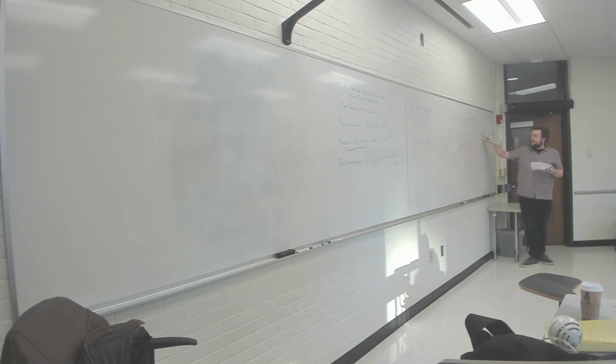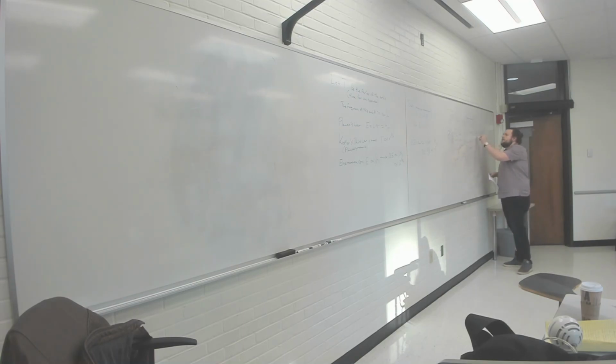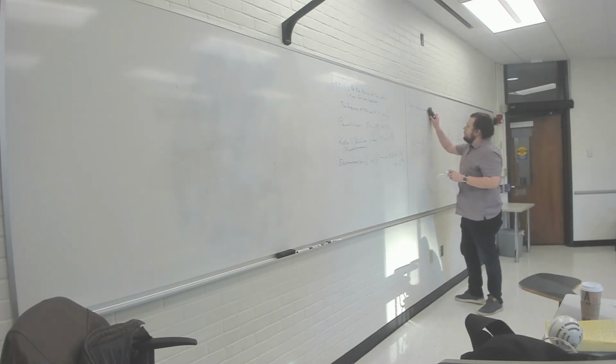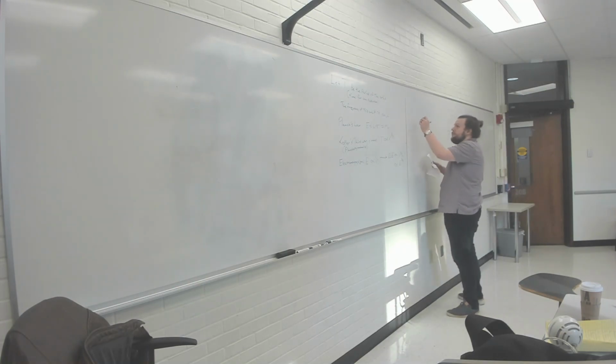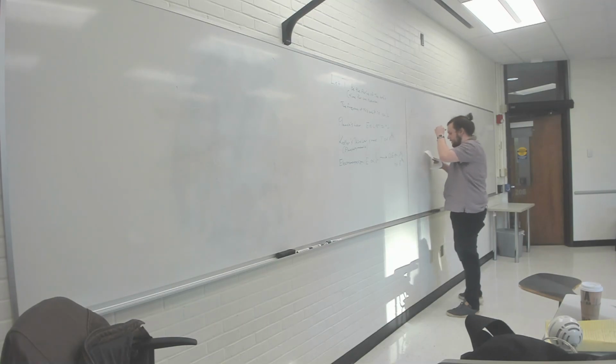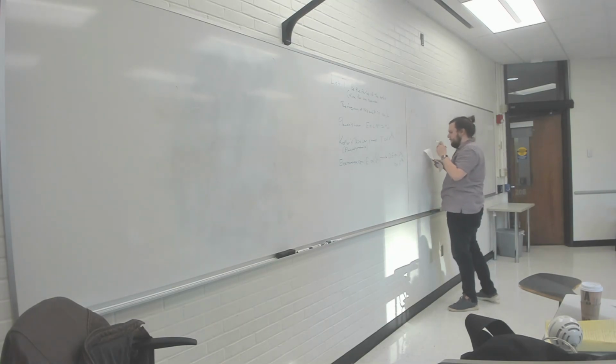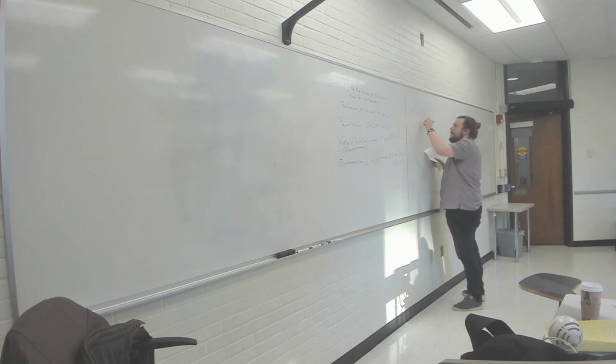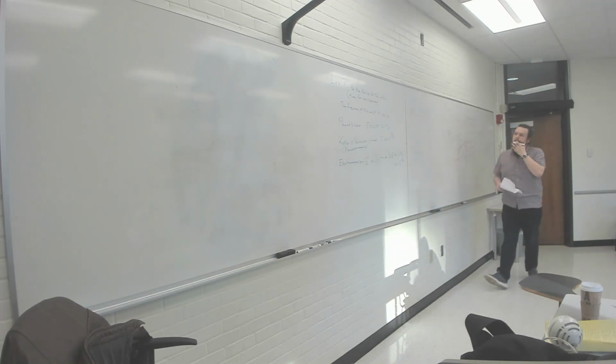These r's have to satisfy this, and n has to be 1, 2, 3, or some integer. So there are only allowed distances. The allowed distances are a function of n, and once you do the math, they turn out to be n squared h bar squared over K m.